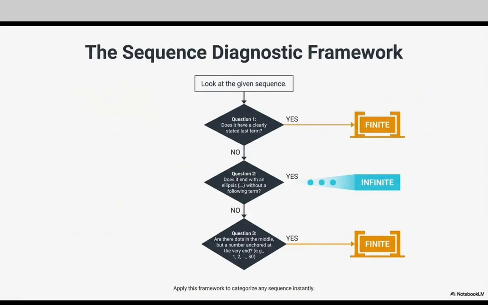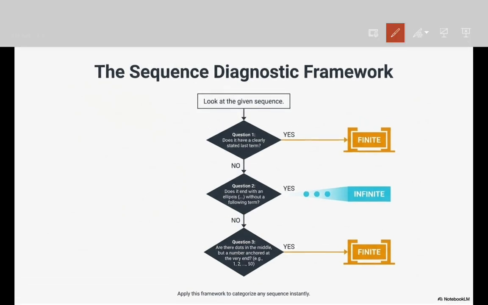So there's a brief diagnostic framework. Question 1: does this have a clear stated last term? If yes, it is finite. Does it end with an ellipsis without a following term?